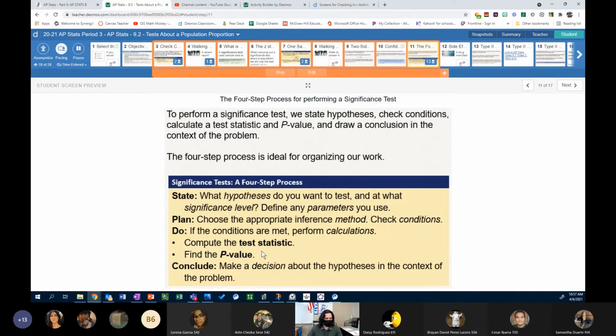Compute the test statistic. Then you use the test statistic to find the p-value. Lastly, we conclude: make a decision about the hypotheses in the context of the problem. This is our 4-step process. We should always go through all 4 of these steps when solving a problem.